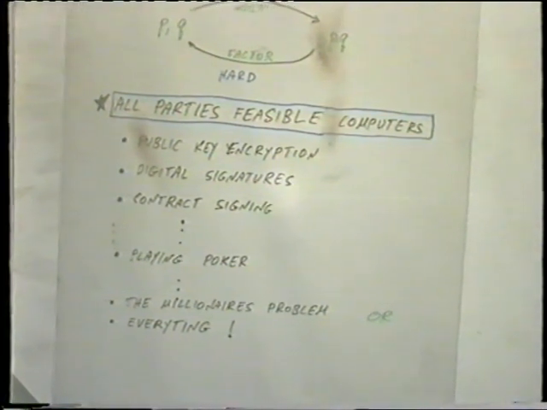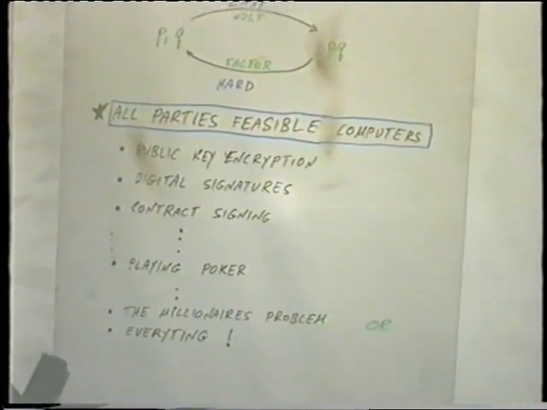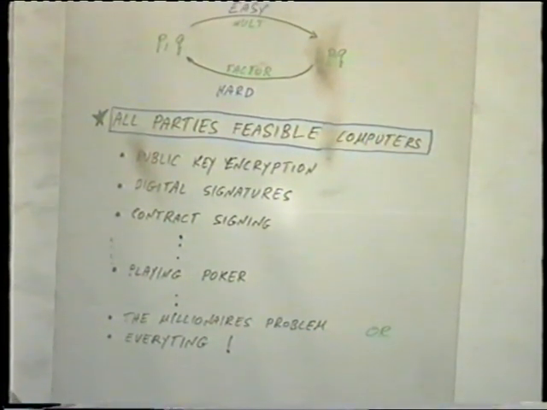So I'll try to explain what, well, okay. Everything means, let me just say it, any problem you can dream up in which some parties are involved that want to compute something and they want to hide information in certain ways. Like poker is quite a sophisticated example. You have to deal the cards, and then you have to distribute them, and then people have to be able to exchange cards.